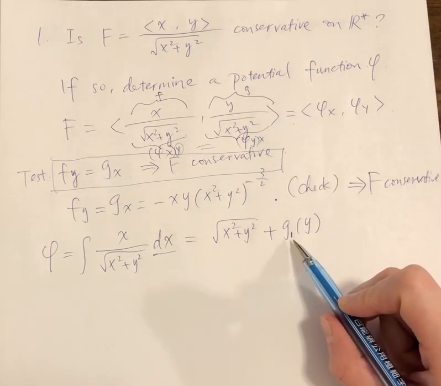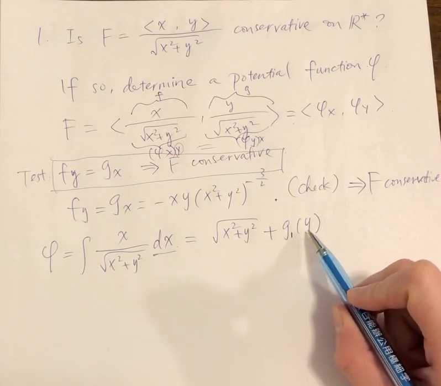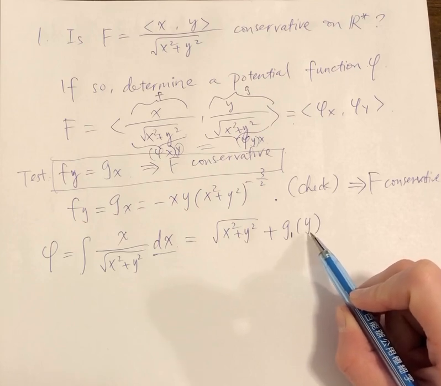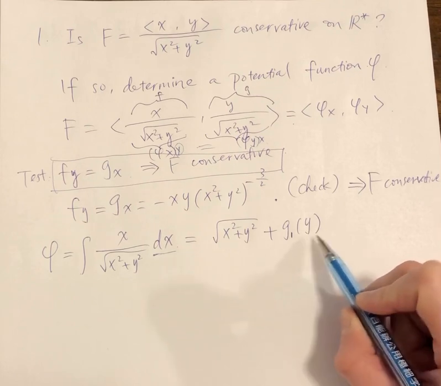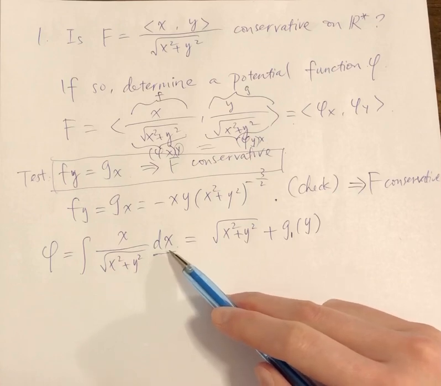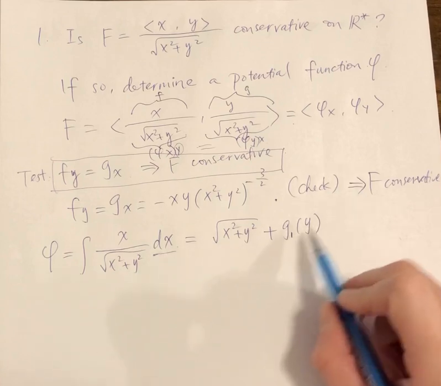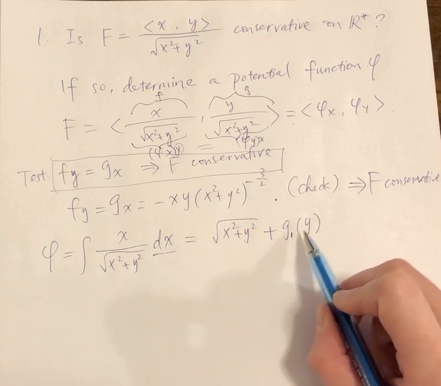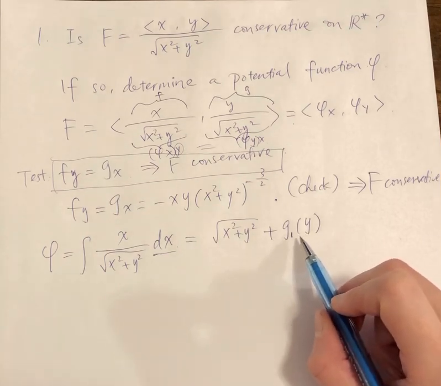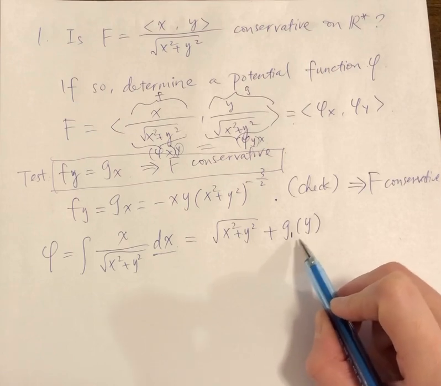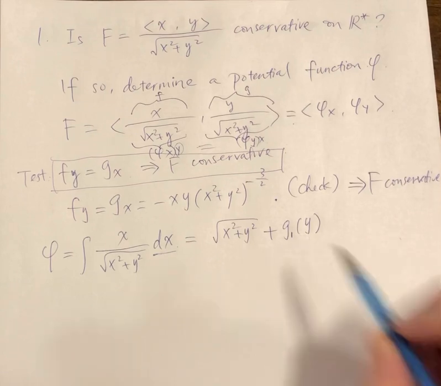This is just some unknown function that only involves the variable y. This is allowed here because we're integrating with respect to x. So anything about y will be seen as a constant after you take the derivative. So it's allowed to have something depending on y here.